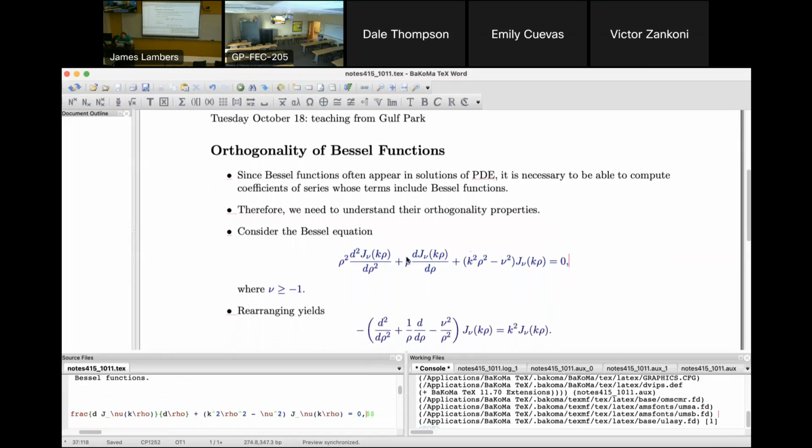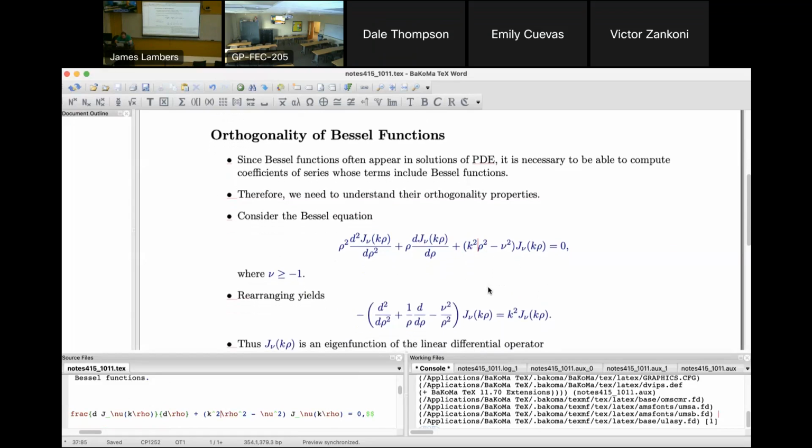Now, what I'm going to do is rephrase this equation as describing an eigenvalue problem. All I've done is take this term, move it over to the other side, and divide through by rho squared.